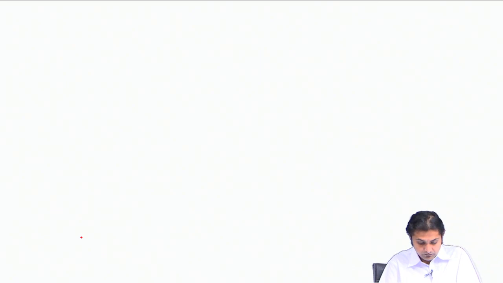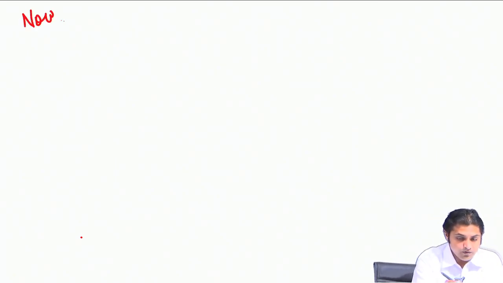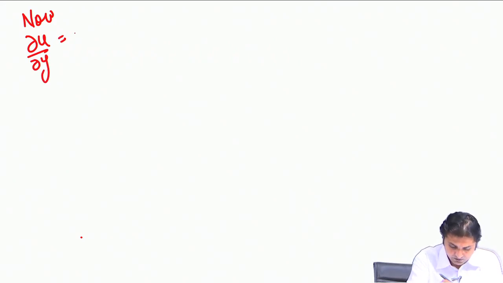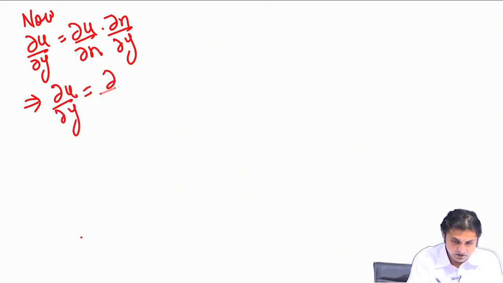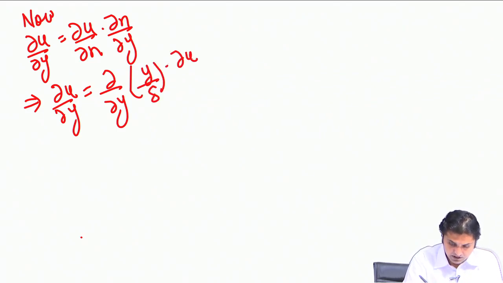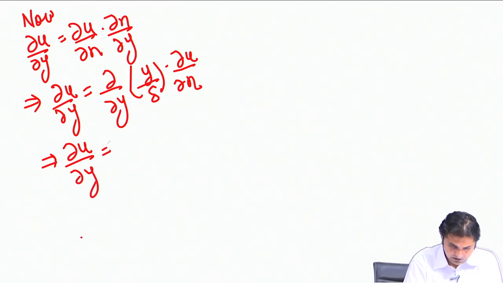So, now del u by del y is equal to del u by del eta into del eta by del y, which implies del u by del y is equal to del by del y of y by delta into del u by del eta, so it is equal to 1 by delta into del u by del eta.